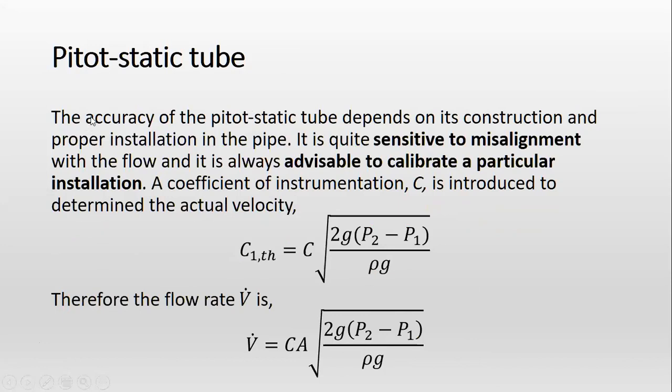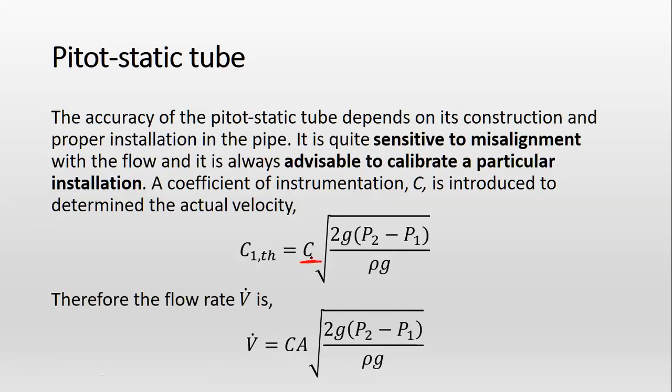Same thing like all other meters that we have, we have some kind of coefficient that we need to introduce. This coefficient is meant for taking into account the losses and the calibration. So by adding in the C value here, this is our coefficient of instrumentation.